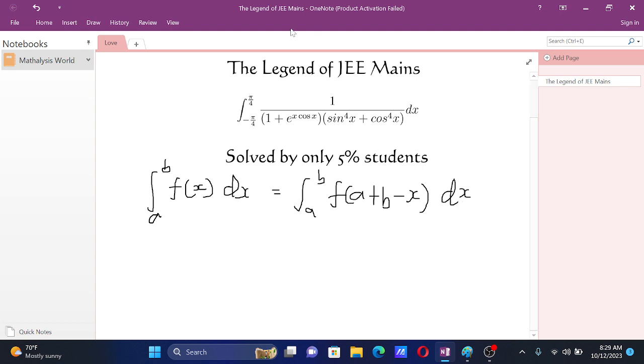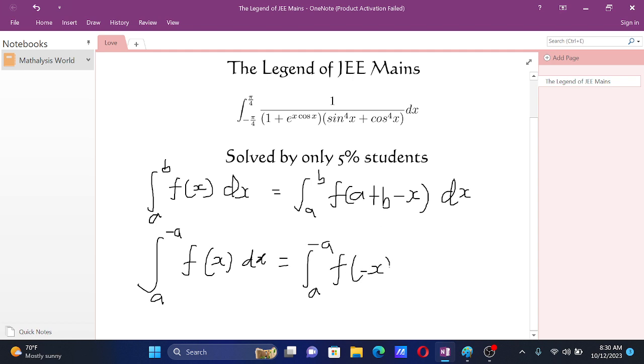This is King's rule, and for our case we have b as just negative a. So when b is just negative a, f of x dx should be equals to integral from a to negative a. We will have f of negative a plus a, so that's eventually 0, and negative x dx. So this is the special case of King's rule that we will use in this problem.